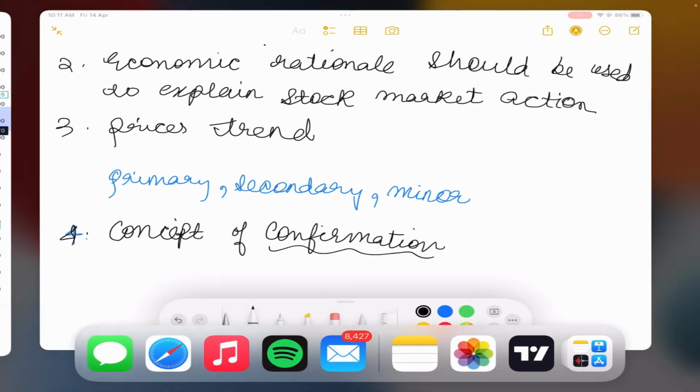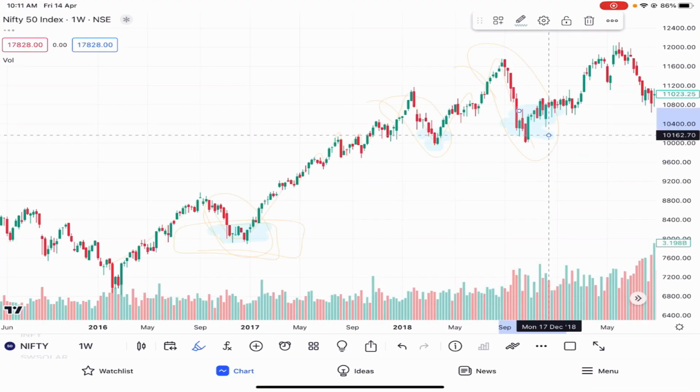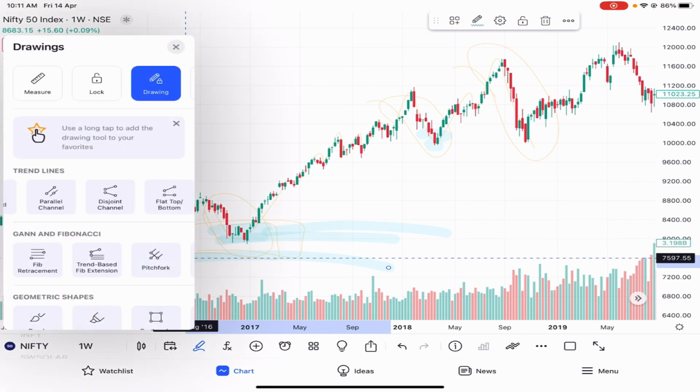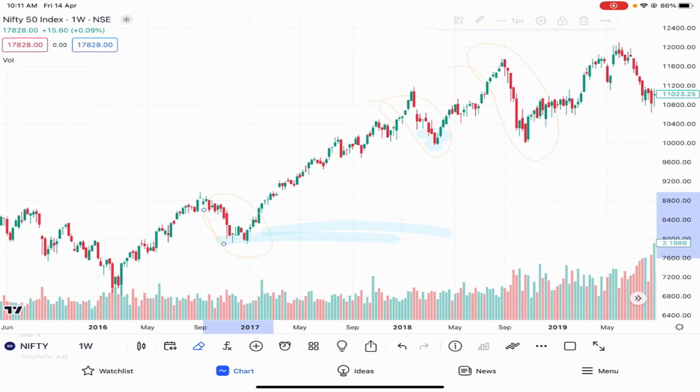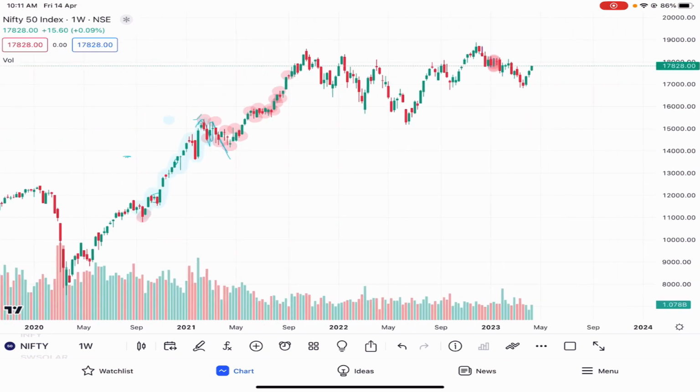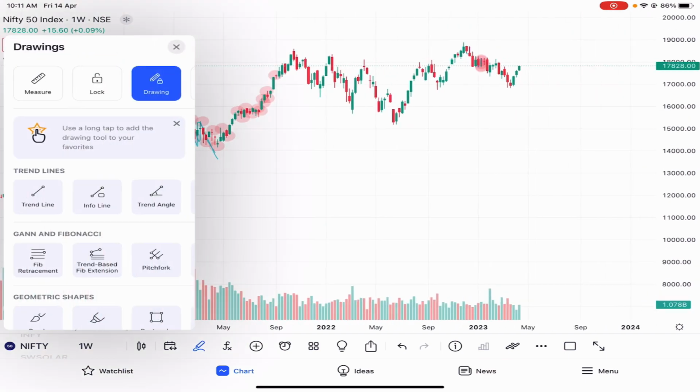For example, if you see the charts, look at this. This is my Nifty 50 index on a weekly time frame. Let's go to the most recent and see what's happening in the most recent time.